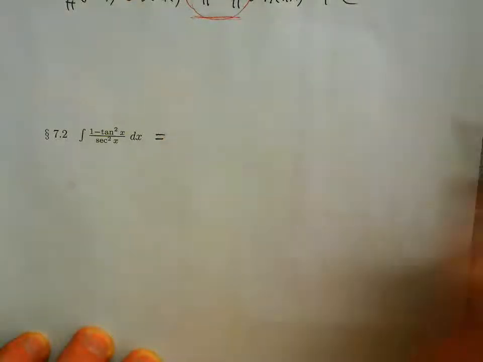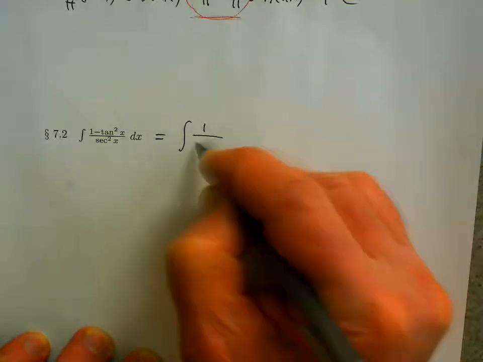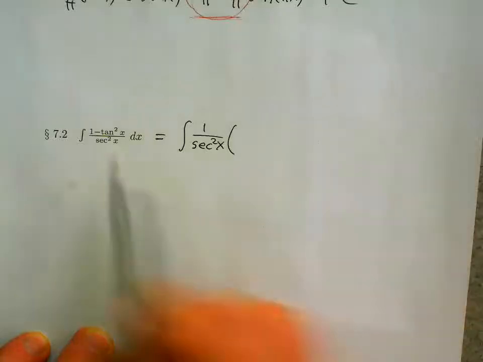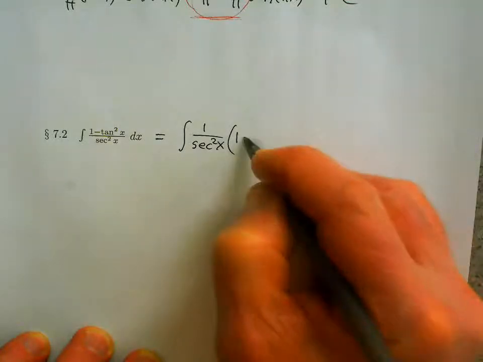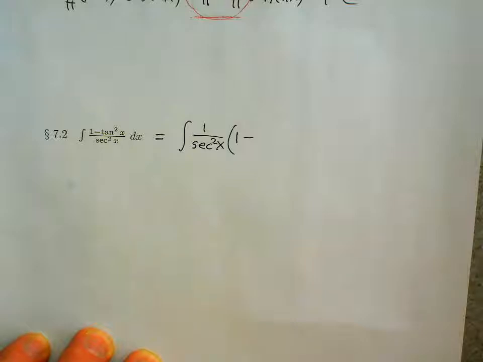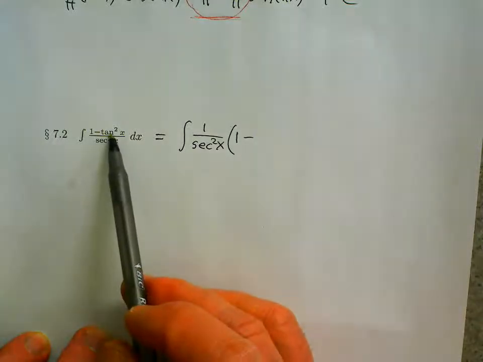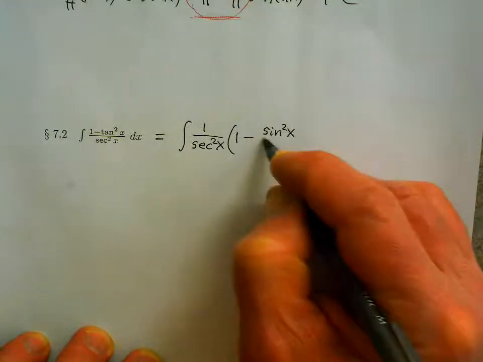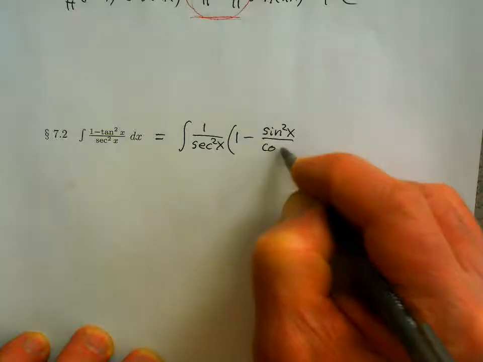Since we're dividing by secant of x squared, I'm going to write it as 1 over secant of x squared times the quantity 1 minus tangent of x squared. But I'm going to rewrite tangent of x squared as sine of x squared over cosine of x squared.